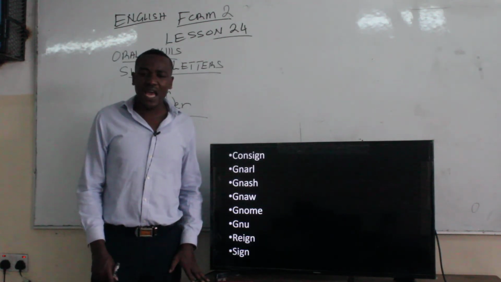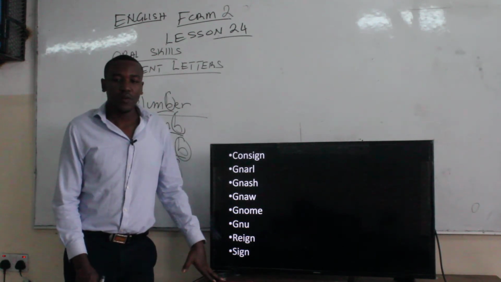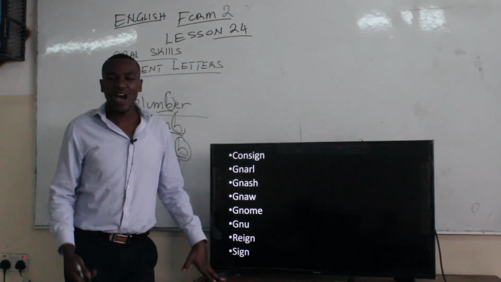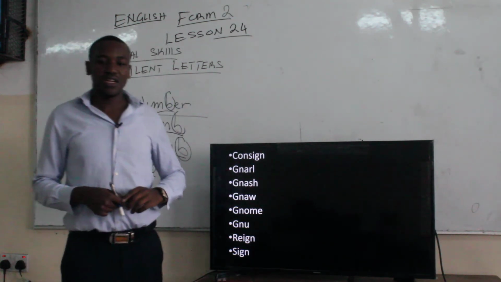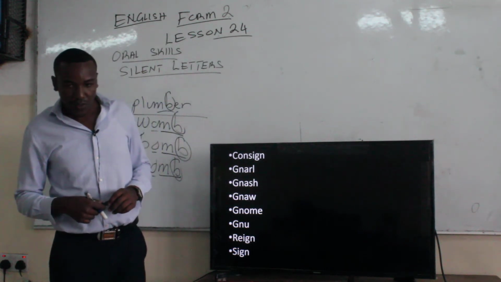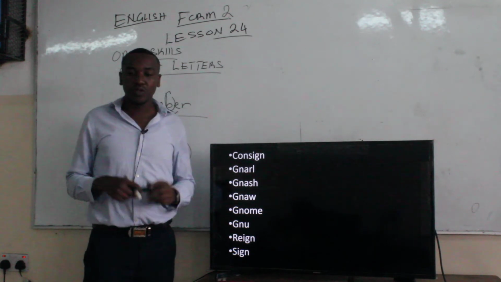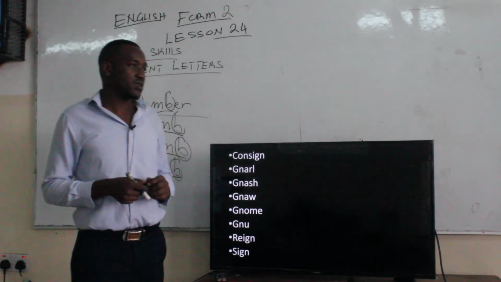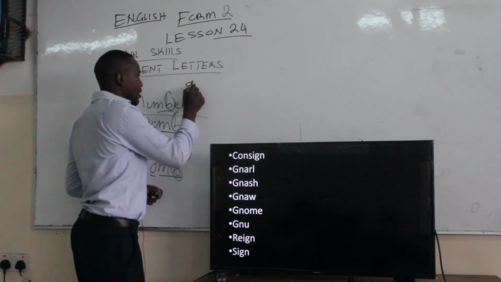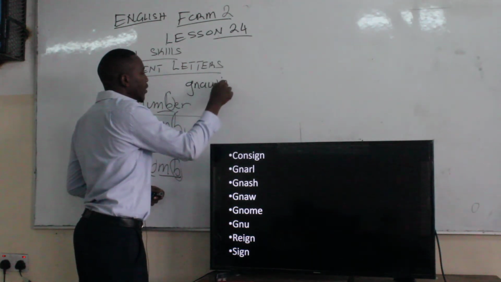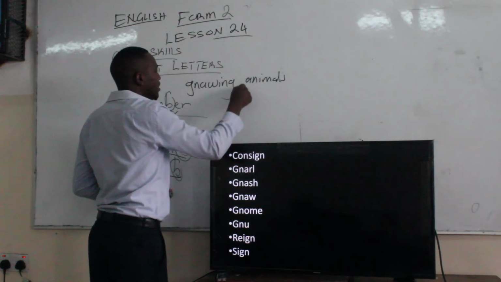One like consign. We have gnaw, not guh-naw. Then the word gnash. I remember when we used to look at rodents, some would say they are glowing animals. Remember, these are rodents.